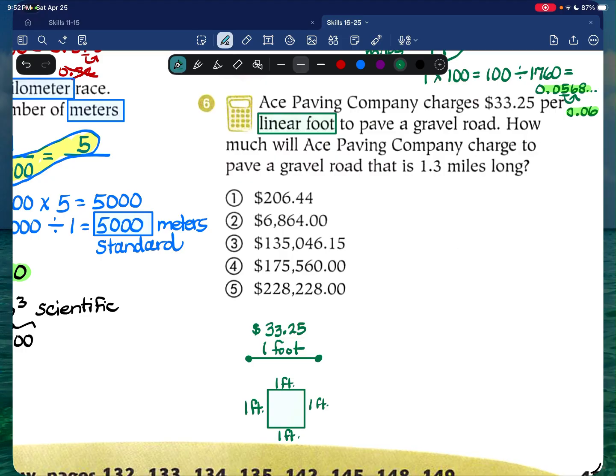So we know that we're dealing with a foot. We also know that we need to deal with miles. And this time we also have to deal with money because the answers are in terms of money. So this is a multi-step problem. Let's start with the miles and the feet. So I know a conversion for miles to feet.